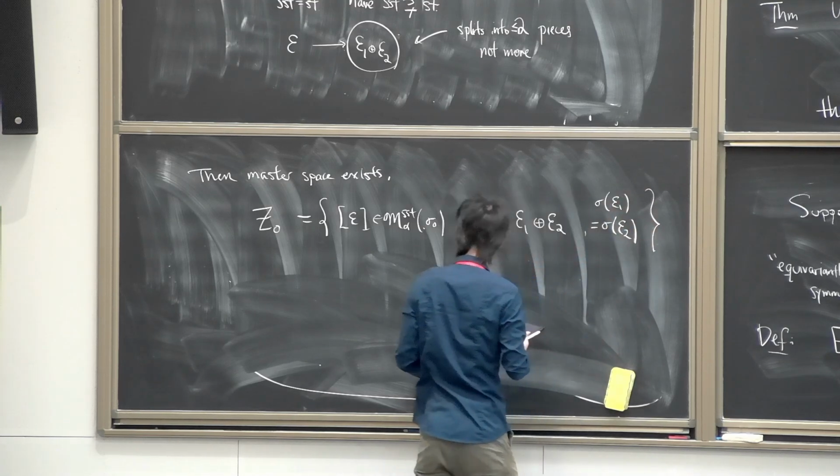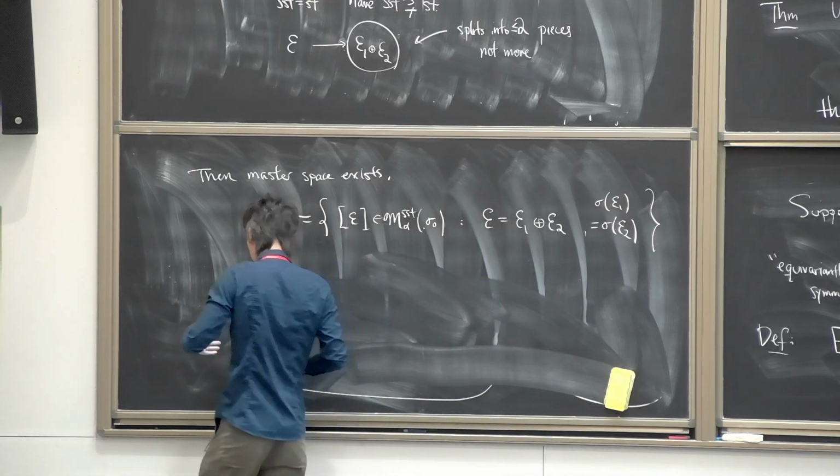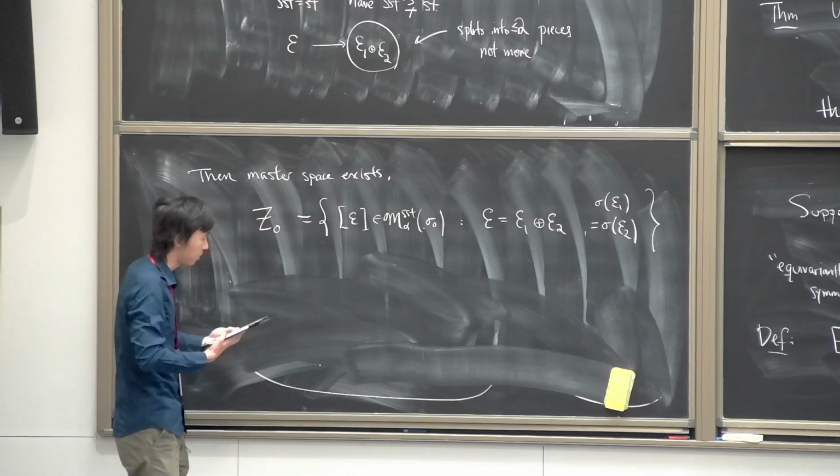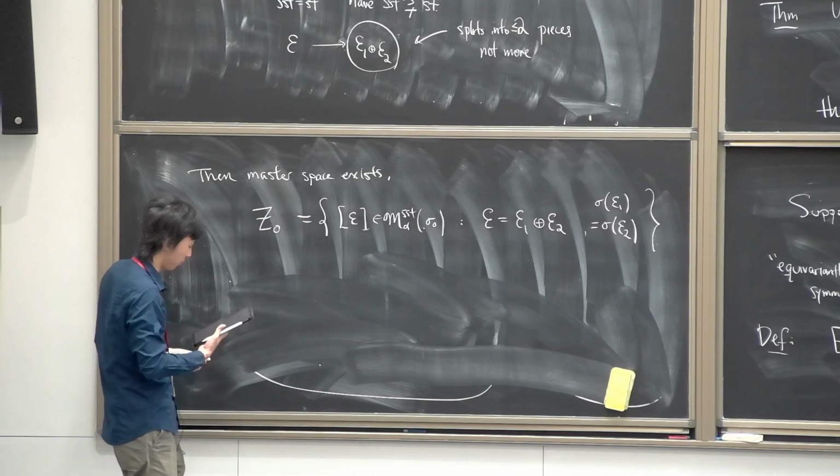Okay, so this is the complicated C star fixed locus in the master space.